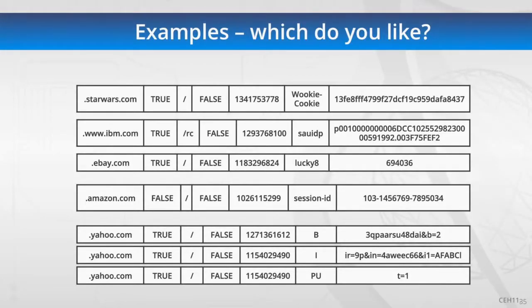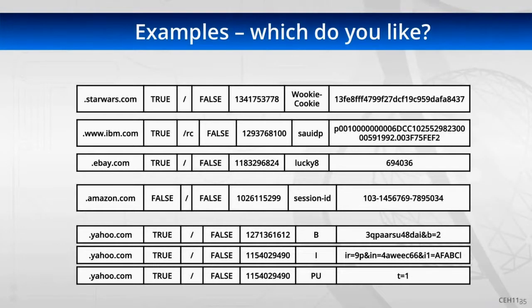So now, look at these for a second. We're going to pause. I'm going to hold off for about 15 seconds, and I want you to look at column 7 at the end. I want you to tell me which one of these, from an attacker perspective and from a defender's perspective, you like.